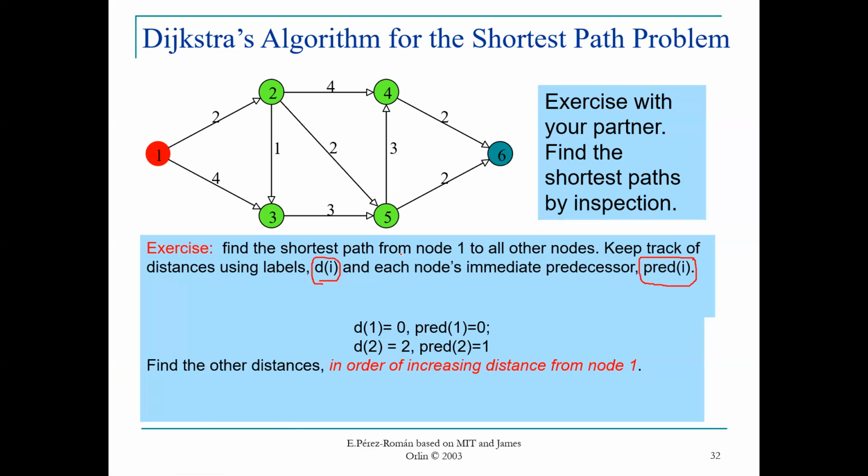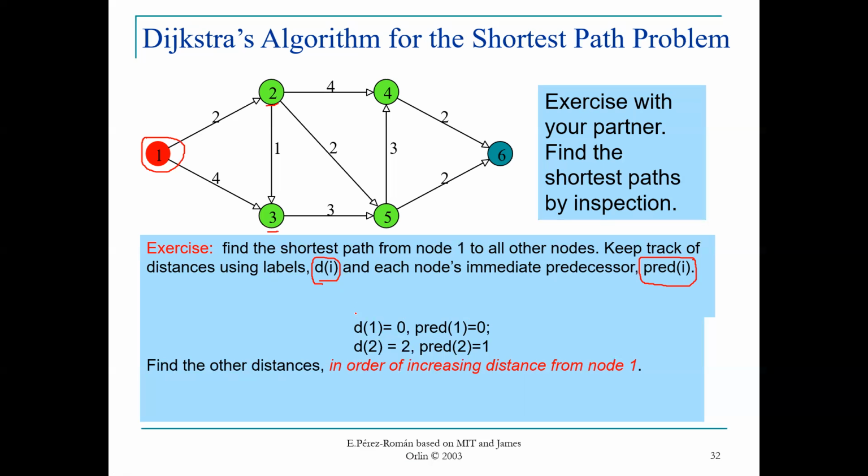Find the shortest path from node 1 to all other nodes. Keep track of distances using labels d_i and each node's immediate predecessor using list predecessor i. If we look at 1, the immediate nodes for 1 are node 2 and node 3.